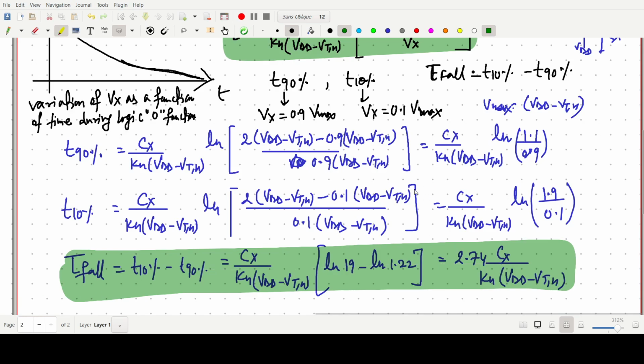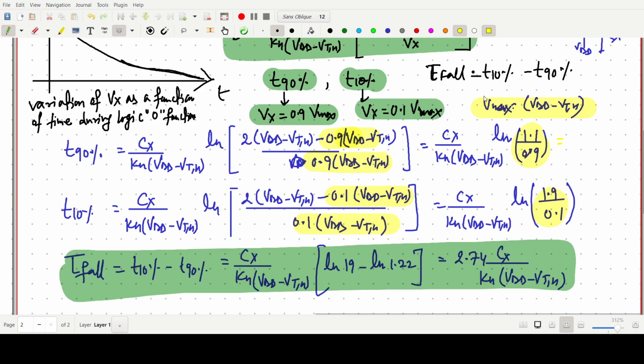Here we have to say for T 90%, Vx will be 0.9 times Vmax, and at T 10% it should be 0.1 times Vmax, where Vmax is VDD minus VTN. We are putting VDD minus VTN for all these Vx values. Similarly here, 1.1 by 0.9 gives 1.22, which is what we have written.